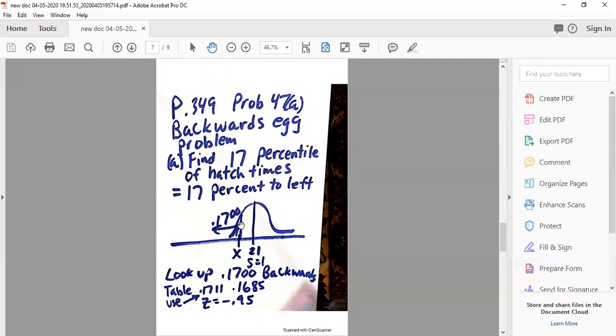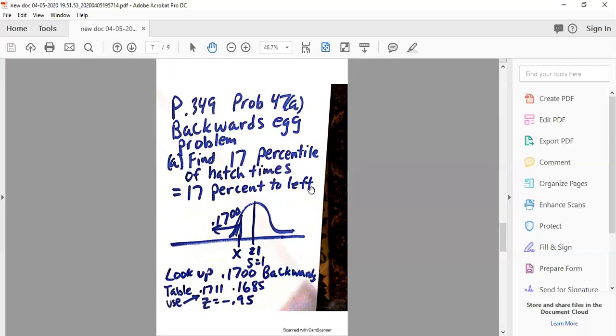So 0.17 is to the left of the X value we're trying to find. When I look up 0.17 backwards in the table, I bracket it between 0.1711 and 0.1685.